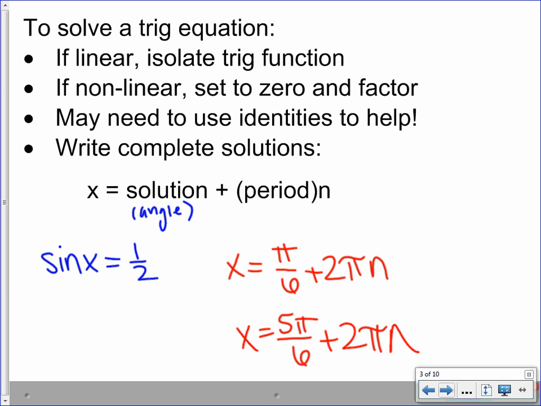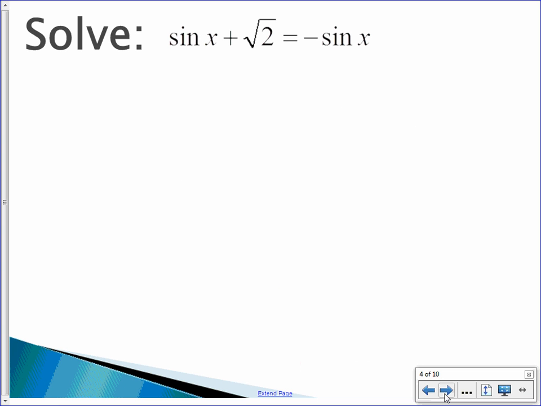All right, so let's go through some examples here. We will start off easy. Is this linear?